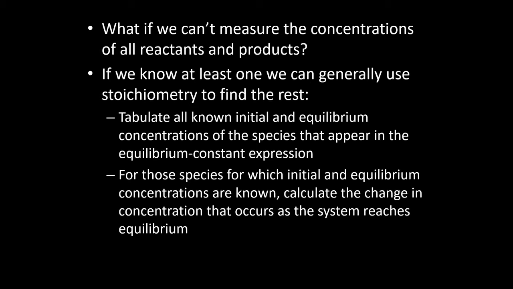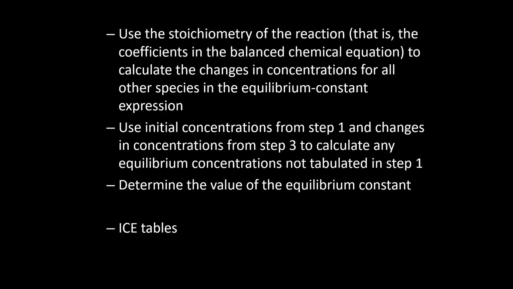But either way, what this table is going to allow us to do is tabulate our known values in terms of initial concentrations and equilibrium concentrations, and figure out how things are changing, and then use our balanced chemical equation to work out, okay, if we know how this one changed, that means that this other reactant must have changed in this way.